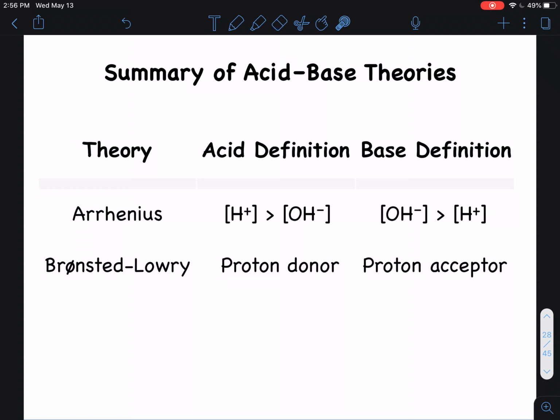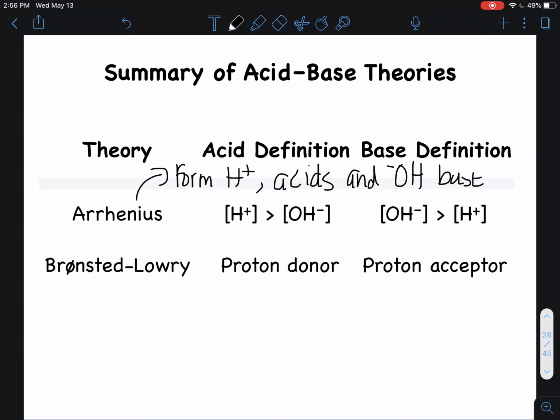So, a summary of these acid-base theories really quickly. Arrhenius acids and bases. Arrhenius acids form H plus, and so H plus are acids and OH minus are bases.